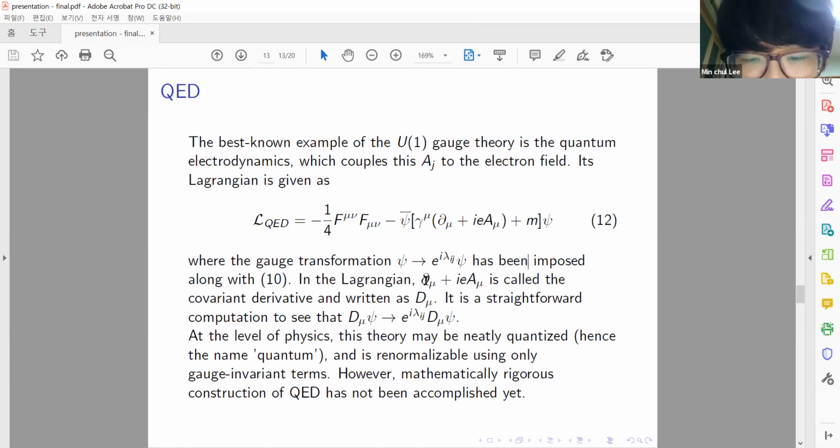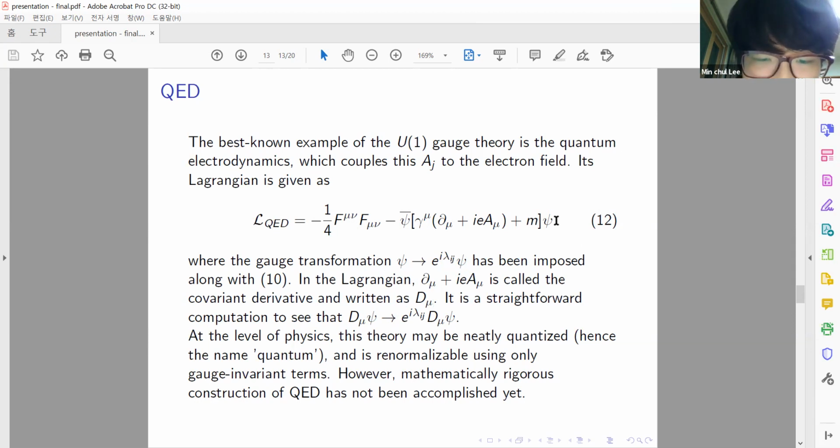In the Lagrangian, partial mu plus ieA mu is called the covariant derivative and written as D mu. It is a straightforward computation to show that D mu psi transforms very simply, just like psi, under these gauge transformations, and so this whole Lagrangian is gauge invariant under the gauge transformations.